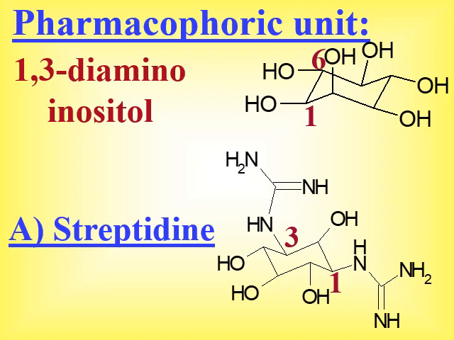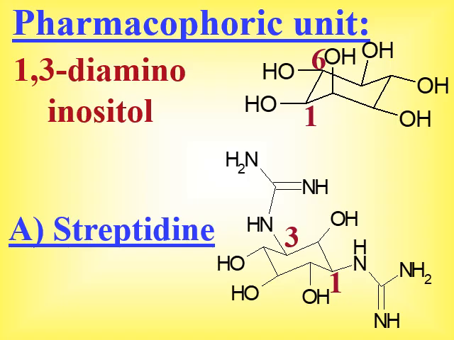It is cyclohexane hexaol. Cyclohexane is a six-membered ring, and hexaol means we have six hydroxyl groups. As you see in the drawing, it is cyclohexane hexaol, and it is in a chair form.